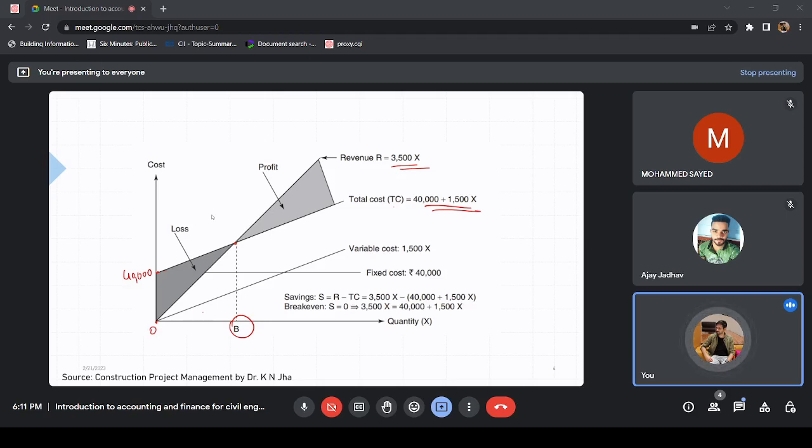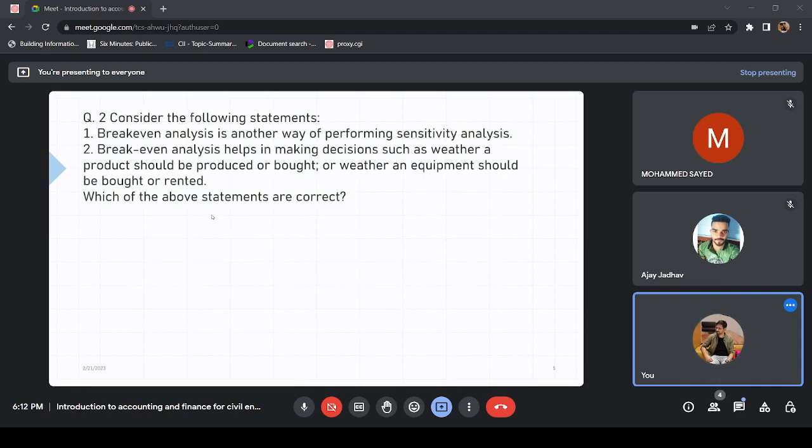Yes, there can be. It is not necessary that you get such straightforward linear equations, because the unit direct cost also depends on many factors, and it can increase or decrease depending on other variables.